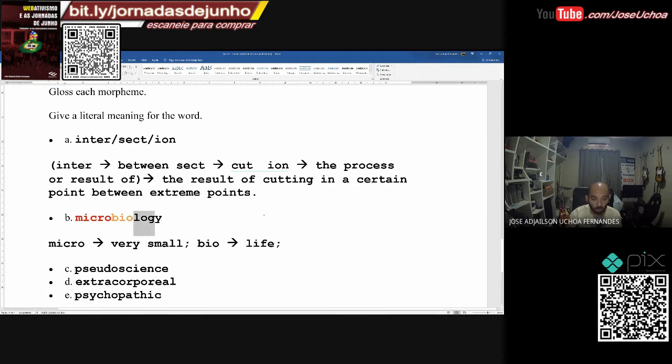But if you would stick to the Latin origin, you could say log means knowledge, and y is the process or the result of, okay? Let's treat logi as the study of. Let's make things simpler.